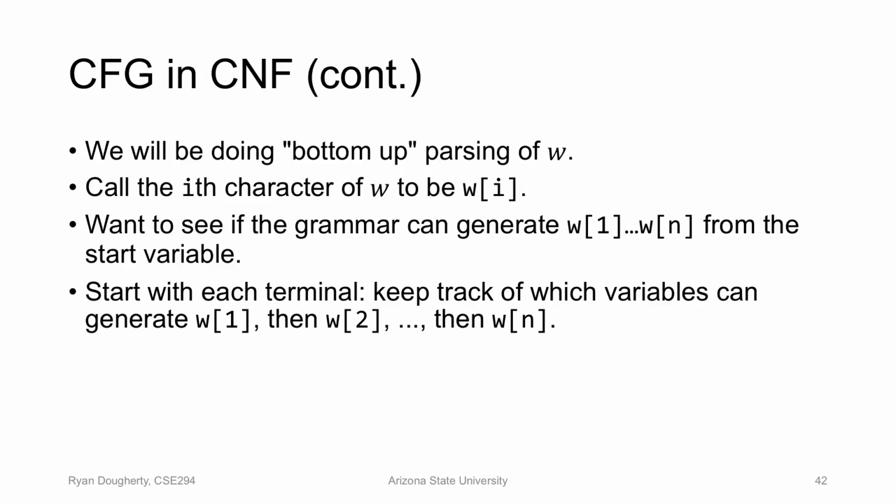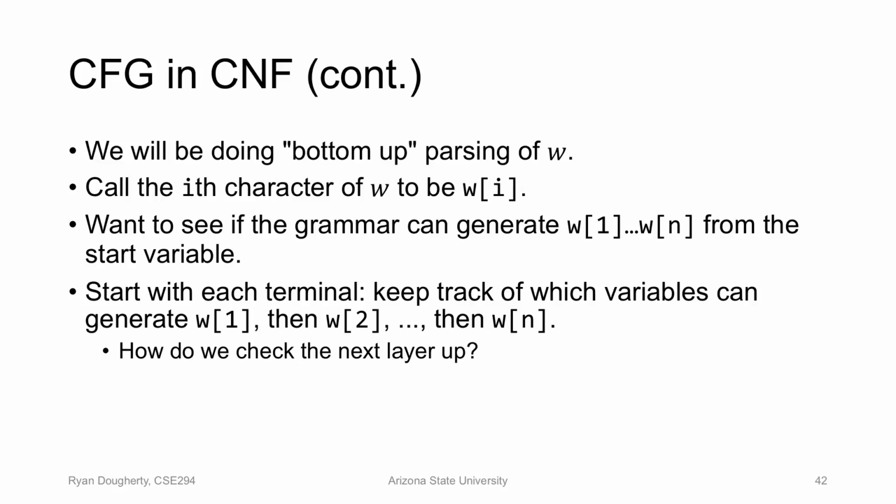What things can make the third character? What things can make the last character, right? So that's a start. So we know what variables can make each of the characters, so essentially we figured out what can possibly exist on the second to last layer, the thing that can generate all the leaves. We know what could exist there, right? We just don't know what could happen above there yet.